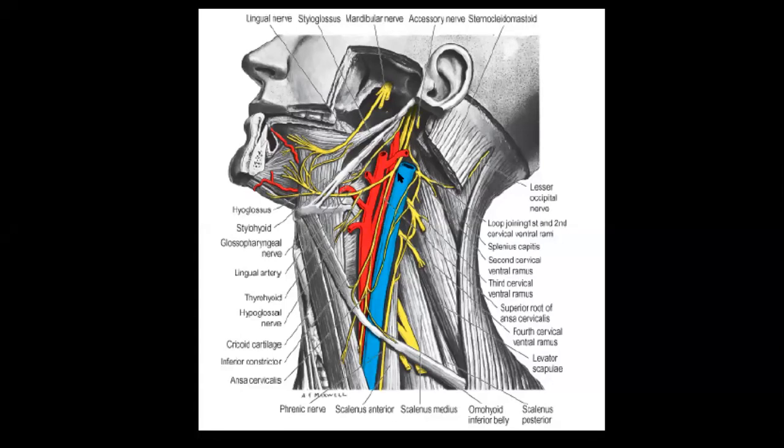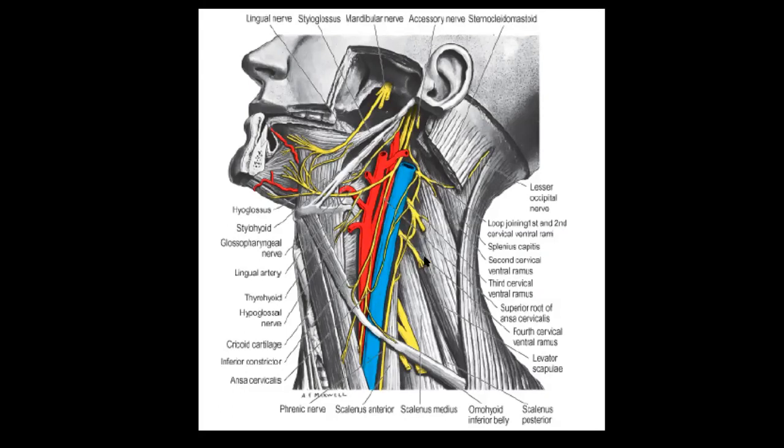What this does, it goes back and forms a loop. See here, there is a loop and it joins with another branch which is coming from the cervical plexus of spinal nerves. These are all cervical plexus. In the last class, I told you what the cervical plexus is. C1, C2, C3, C4 join together.